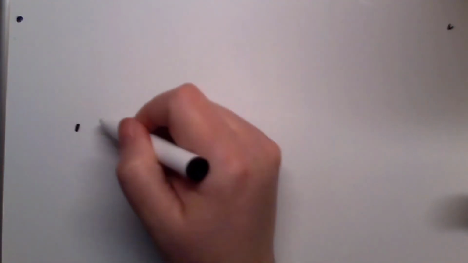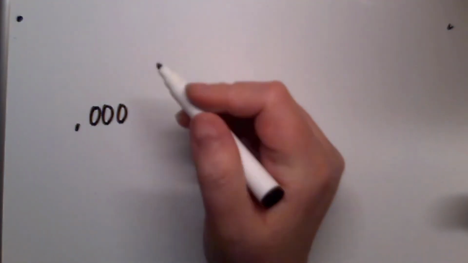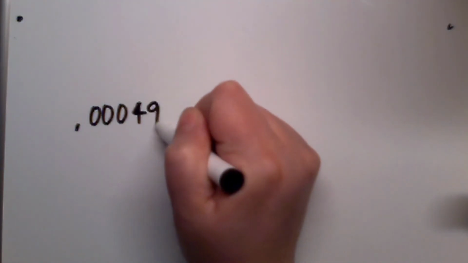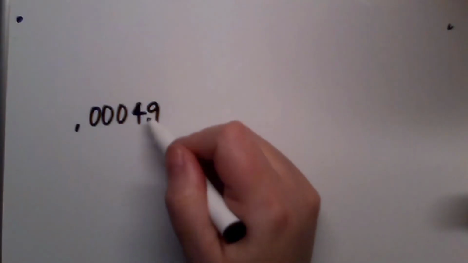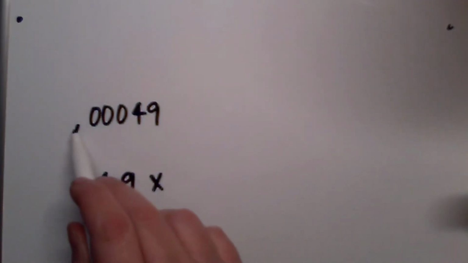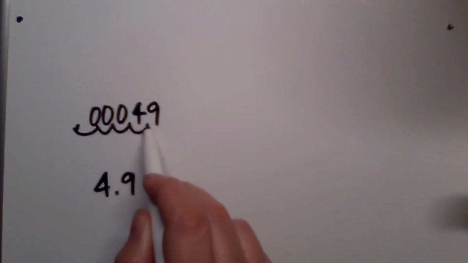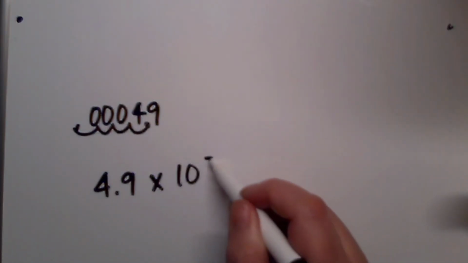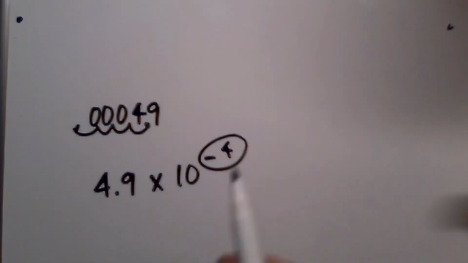So back to our example, 0.00049. We're going to take that 4 and the 9, that's our number between 1 and 10, and we're going to multiply it by 1, 2, 3, 4. 10 to the negative 4th exponent. Remember that negative when we are working with decimal numbers.